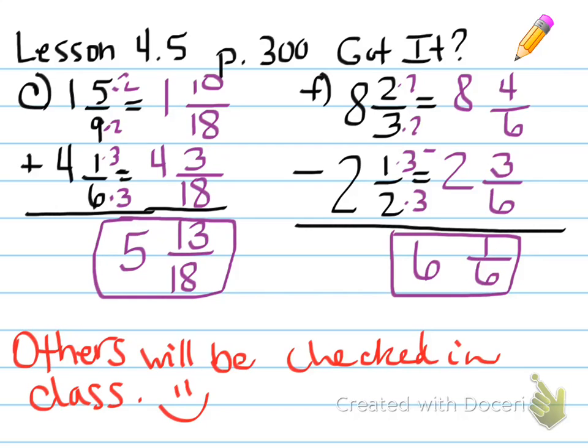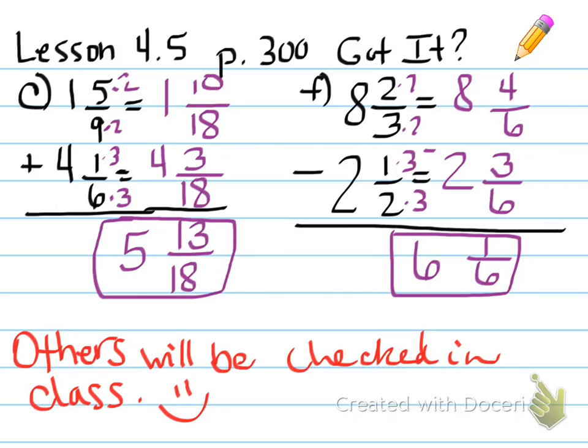So for choice C, I needed to get a common denominator for 6 and 9, which would be 18. That problem worked out nicely without anything extra or tricky to worry about, because once the denominators are the same, you're simply adding it all up. You've got 5 and 13/18, and it has already been simplified.